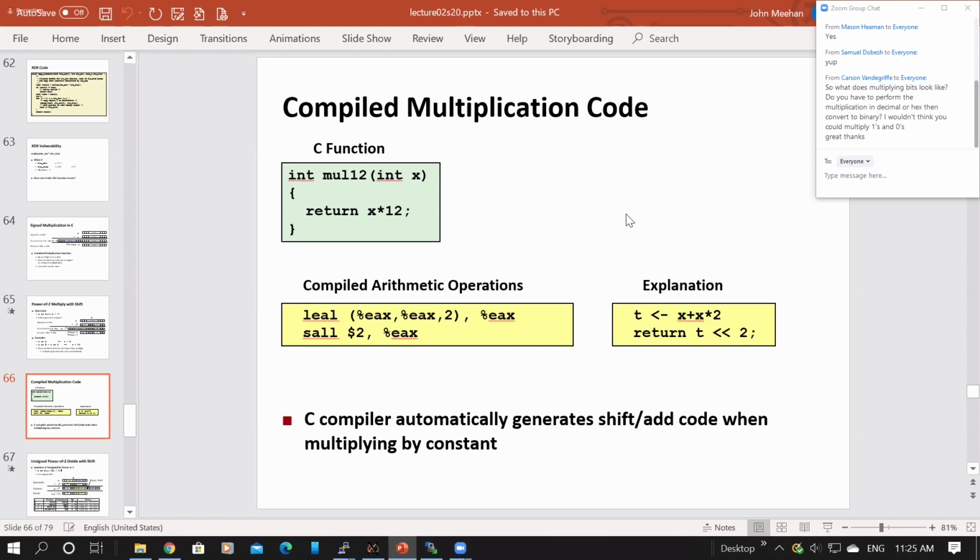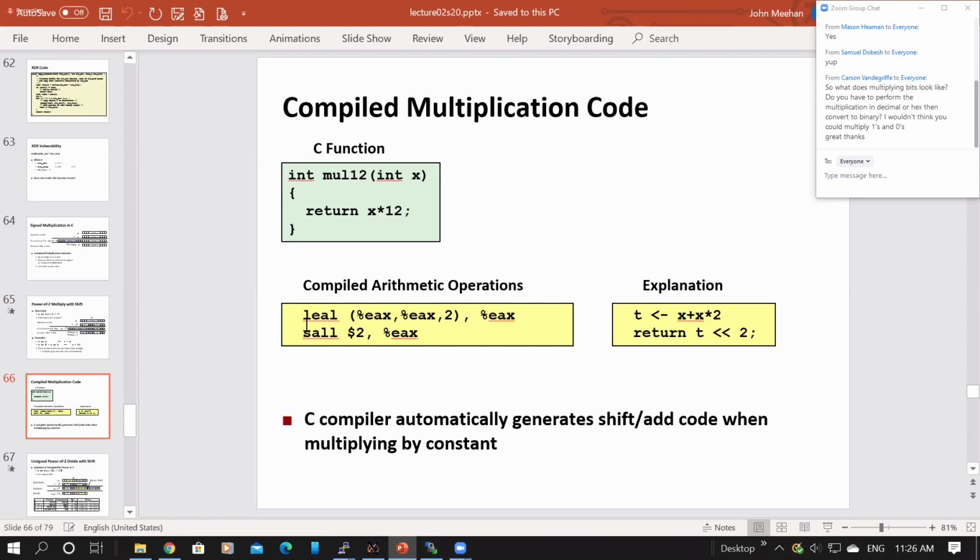And the purpose of this load effective address long word thing really, as you'll learn later, has to do with how we have an operation on the computer that sort of mimics exactly what you want when you're subscripting into an array to get the right address. But we're not using it for that purpose in this example here.